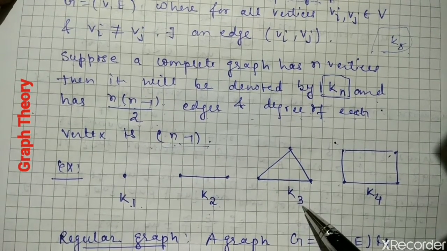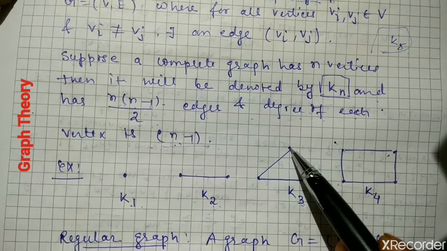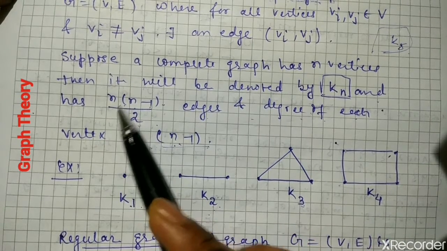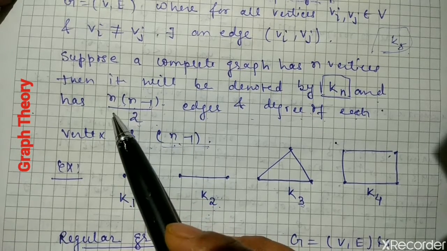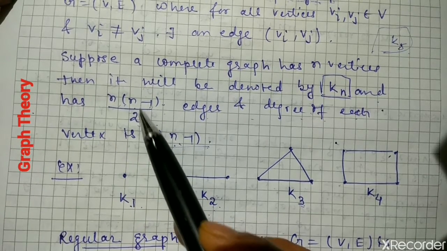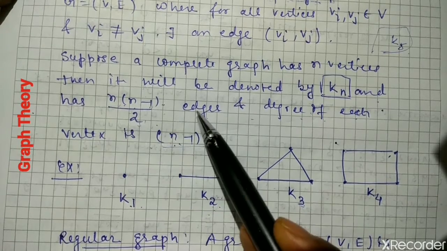Next is K3. K3 is a complete graph having 3 vertices and 3 into 3 minus 1 divided by 2, that is 3 into 2 divided by 2, the 2s cancel, so we have only 3 edges.